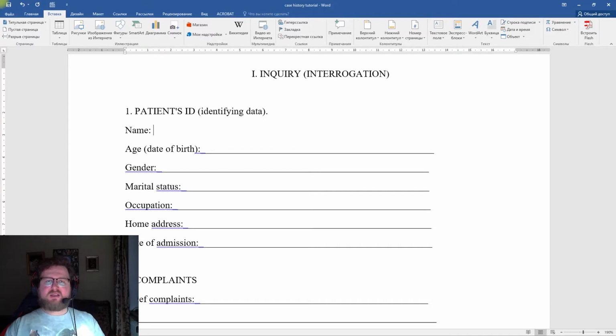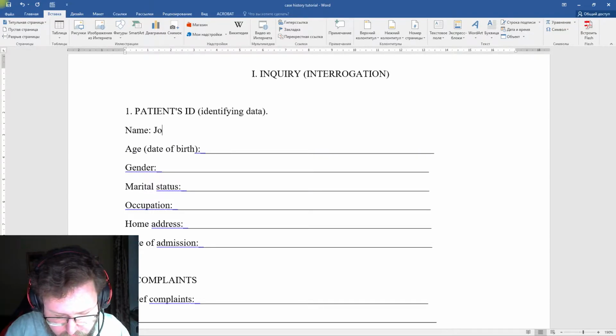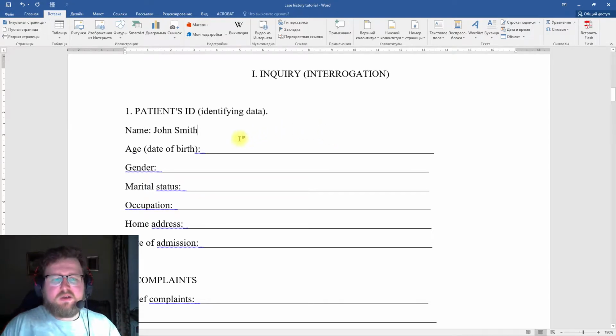In my case, as we are writing the example of an academic case history, I'm just going to figure out a name. So let it be, as we've talked previously, John Smith. Next, age.